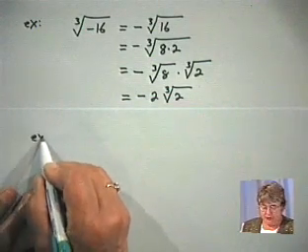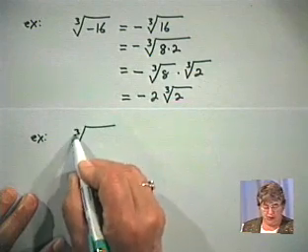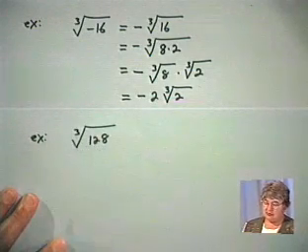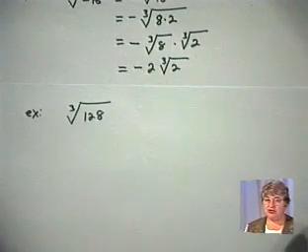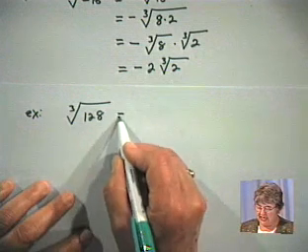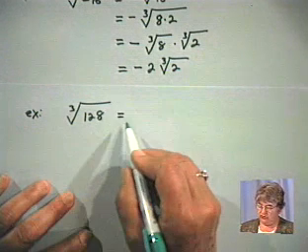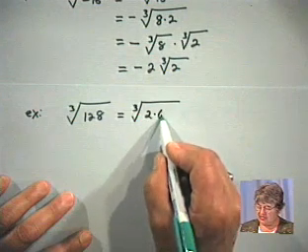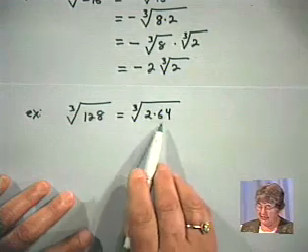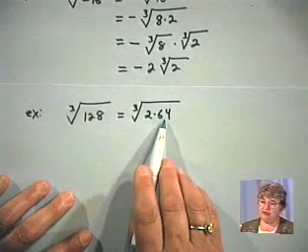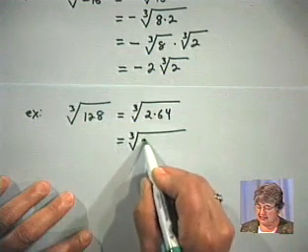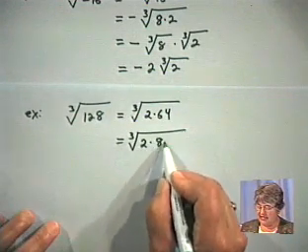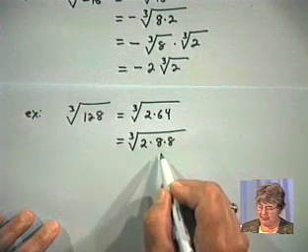Another example. We may not know what is the cubic root of 128 or what are perfect cubes in that number, but we can begin breaking up the number 128 into factors. 2 times 64, in fact. And we're lucky in this case because 64 is a perfect cube. But suppose you hadn't known that it is a perfect cube. So you could have said this is the same thing as 2 times 8 times 8, right?